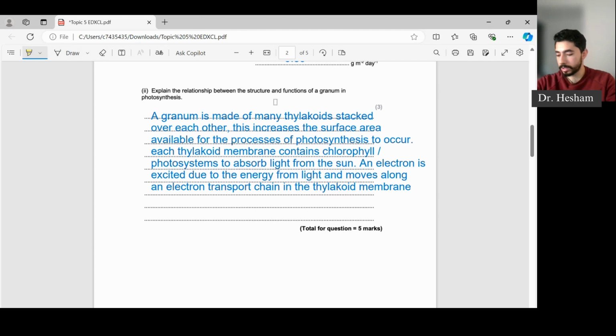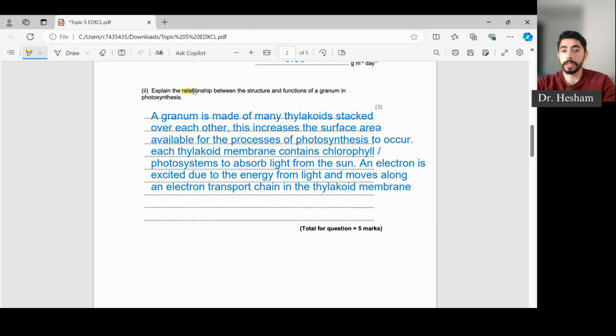So this type of question is tricky because you need to first figure out what the question actually wants from me. Does it want me to speak about the granum? Does it want me to speak about photosynthesis? Does it want me to speak about the light-dependent reaction? Because this is what happens in the granum. And to understand the question, you have to highlight the keywords.